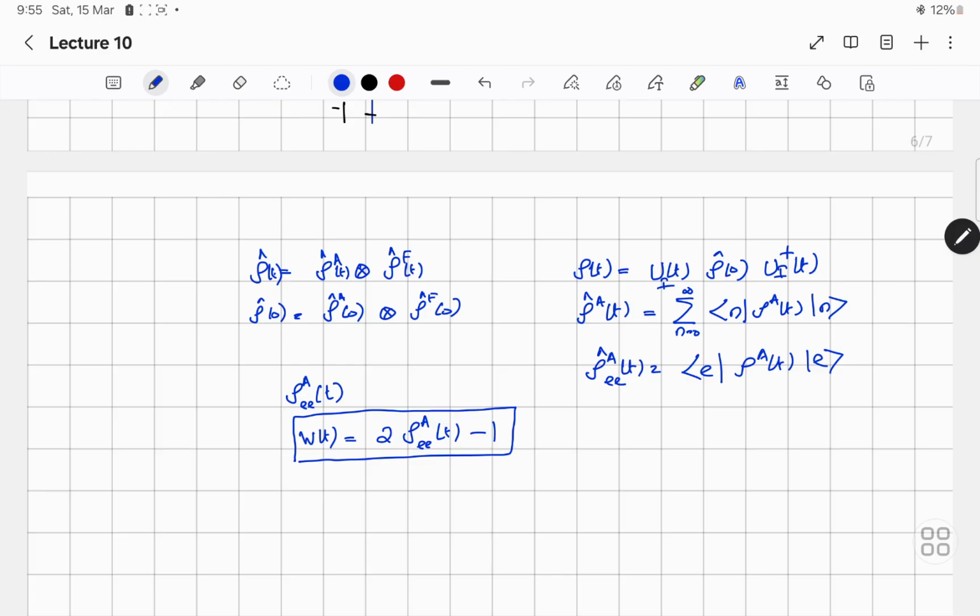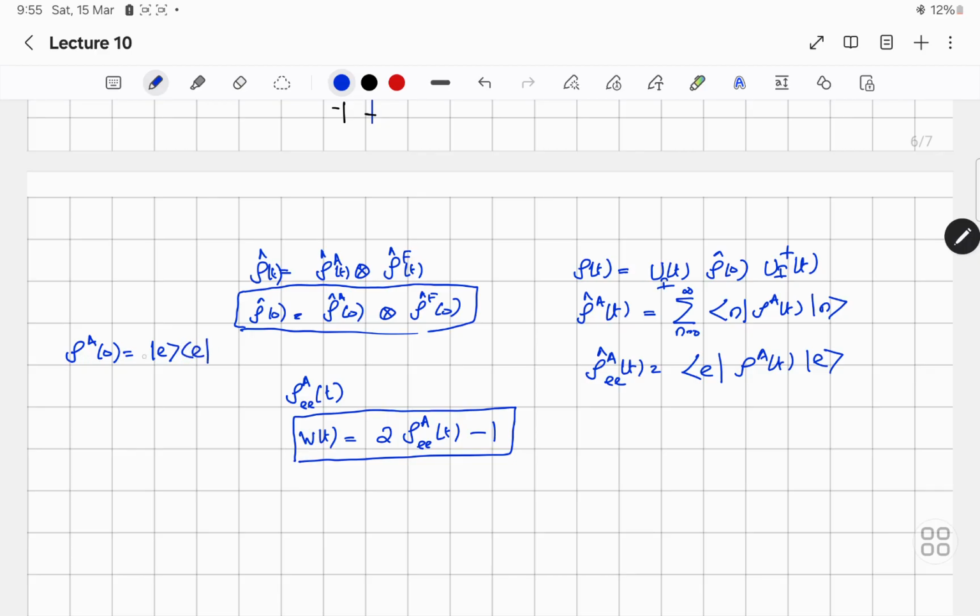Okay, so first I have to establish what is meant by the initial density matrix rho(0). So rho(0) is simply the tensor product of rho_A(0) and rho_f(0). If initially the atom is in the excited state, then rho_A(0) is nothing but |e><e|. There are different possibilities.